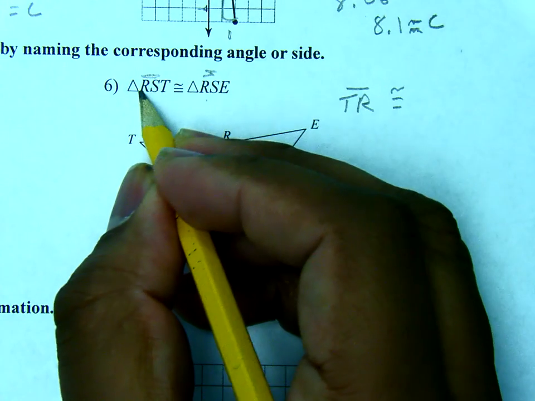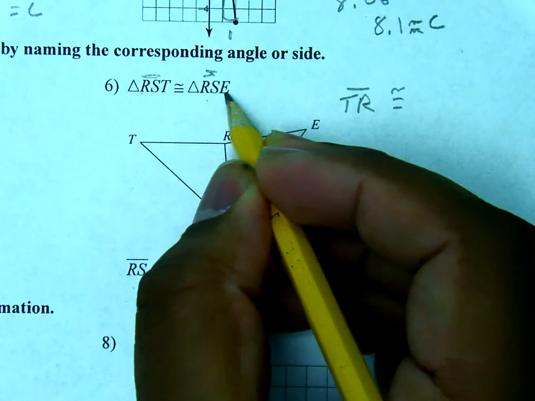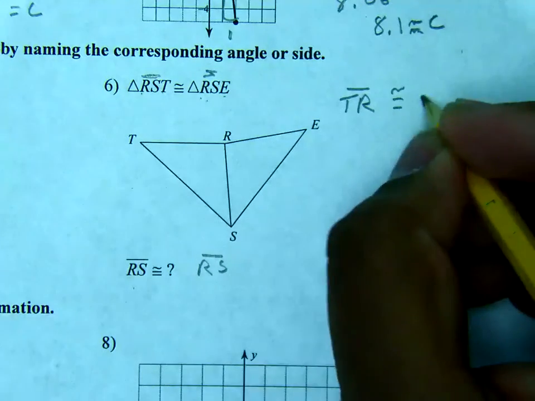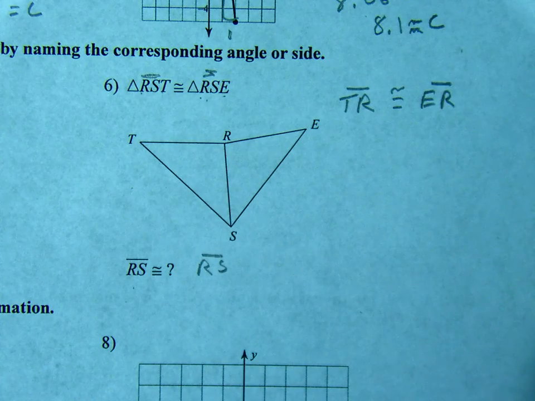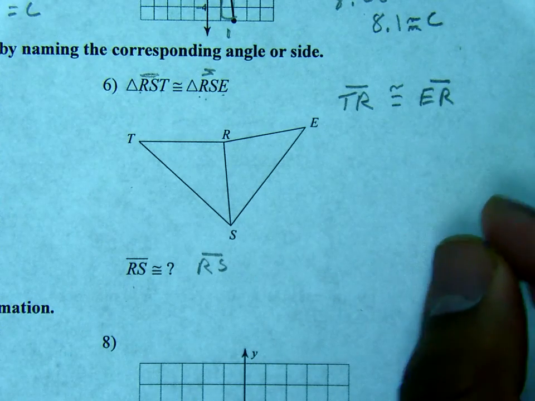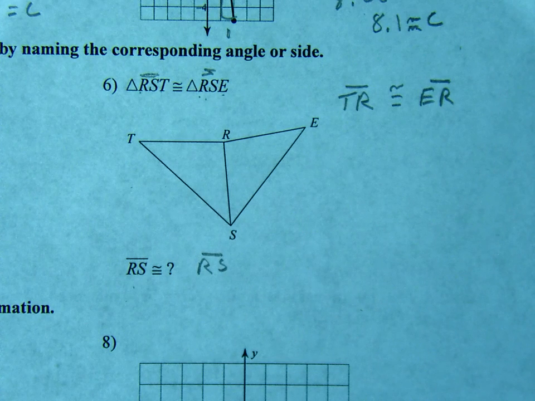Here's T and R. So I would match that up with E and R. So that would be segment ER. All right, so that's a congruent statements there.